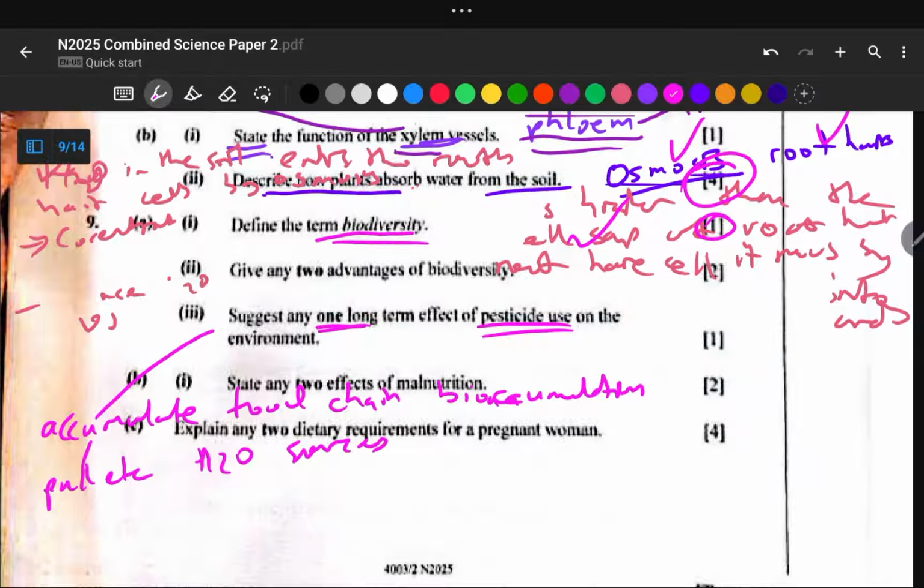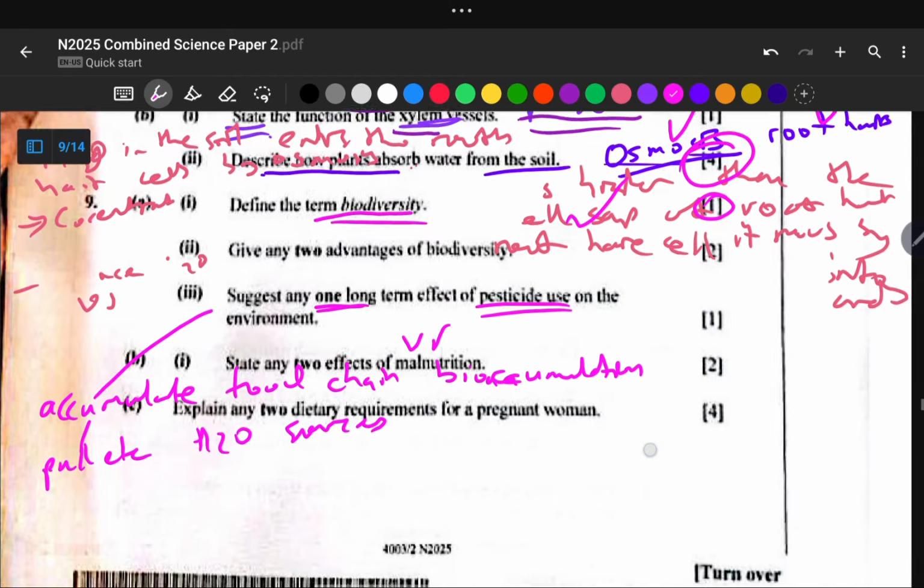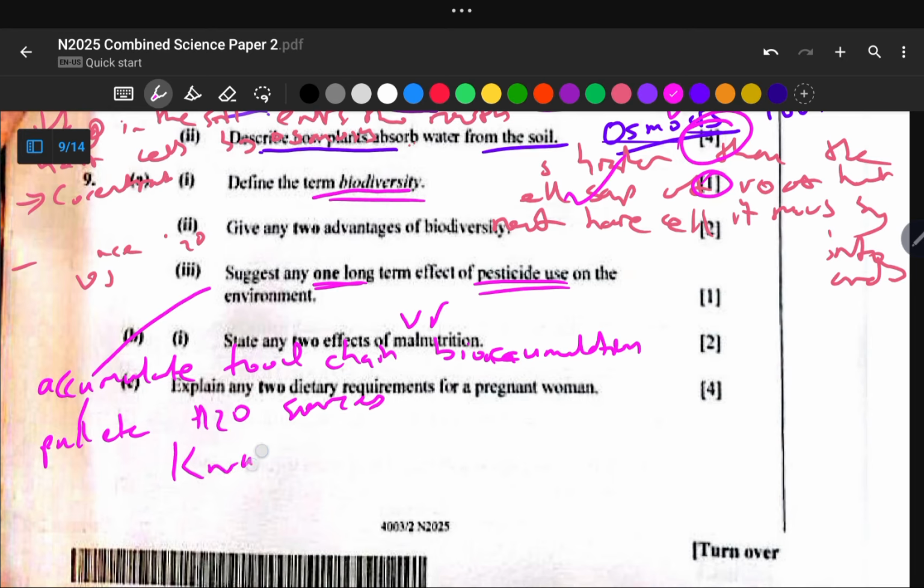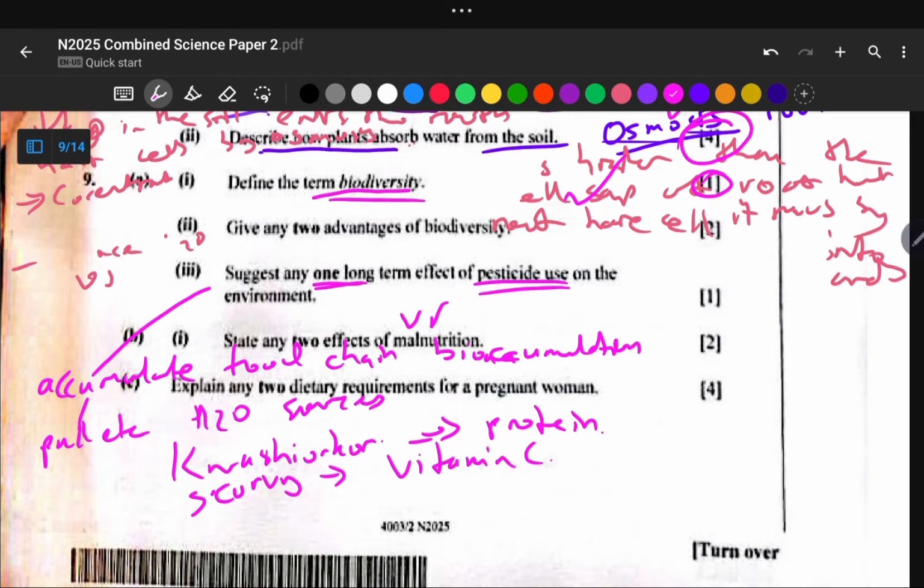And then the next question says, state 2 effects of malnutrition. Malnutrition is when we are not having an adequate amount of nutrients, right? So we can have kwashiorkor, where we have a swollen abdomen and stunted growth caused by protein deficiency. And then we have scurvy caused by the deficiency of vitamin C, right?